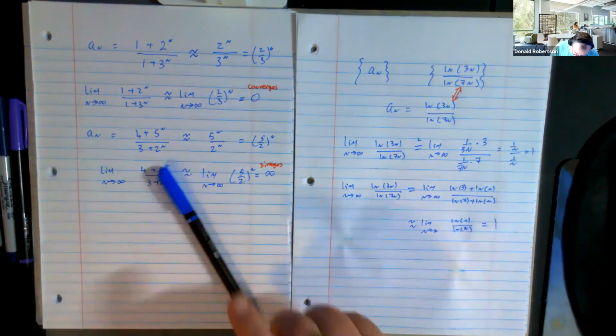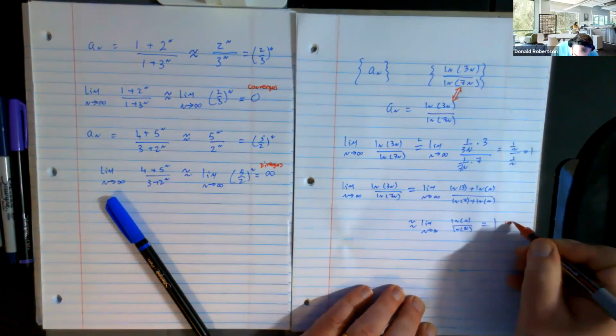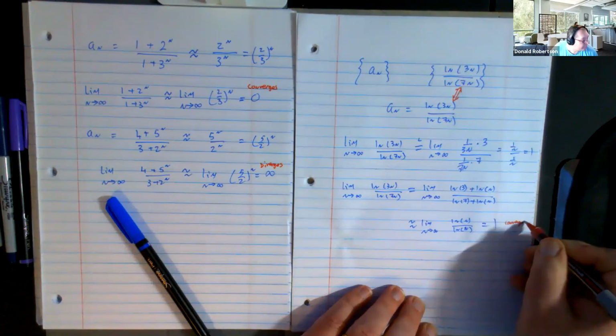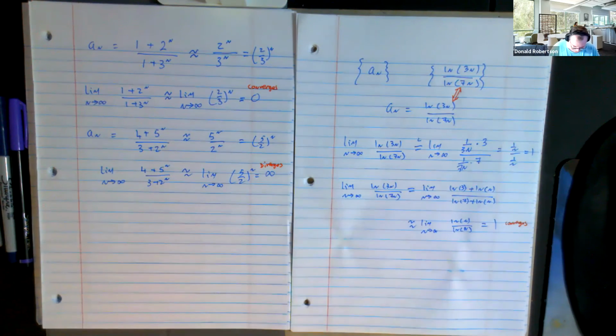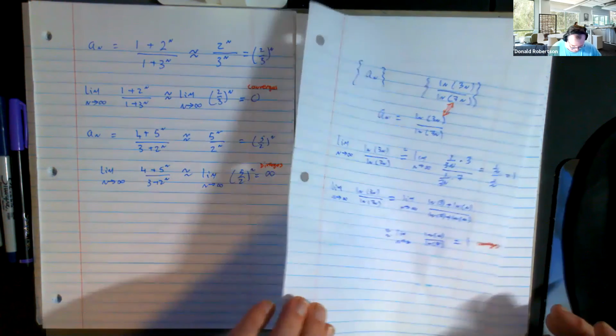So in this case, it converges, and it converges to 1. When it converges, you stick a 1 inside the box. That's what your homework would look like as an answer. Or 0 if the answer was 0.